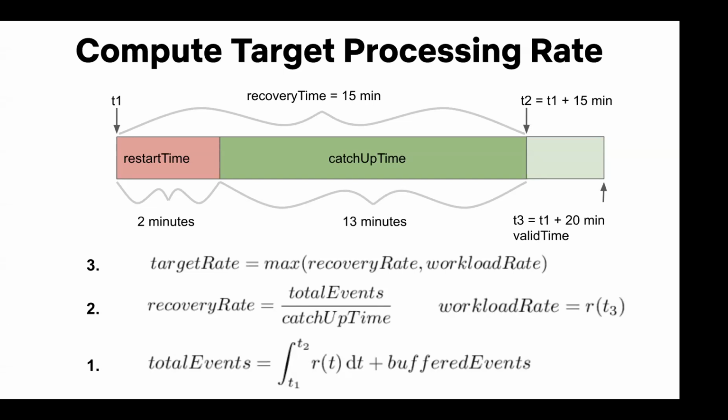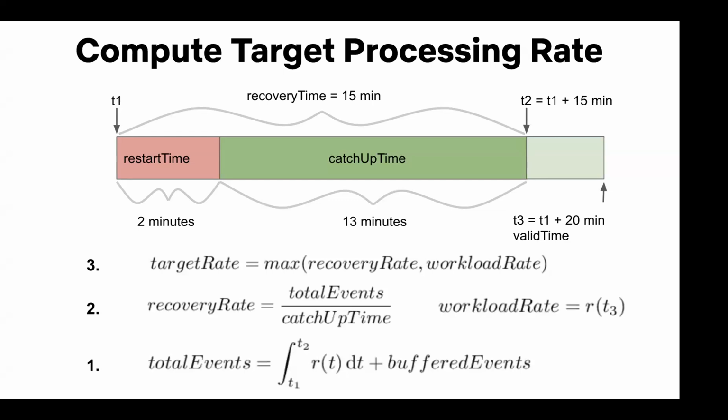When we compute a new cluster size and do a rescale, we don't want that to be good for only like 1 minute and then rescale again a minute later and just keep resizing the cluster every minute. We want a rescale action to be valid for a good amount of time, like 20, 30, 40 minutes. So that's what the valid time represents.